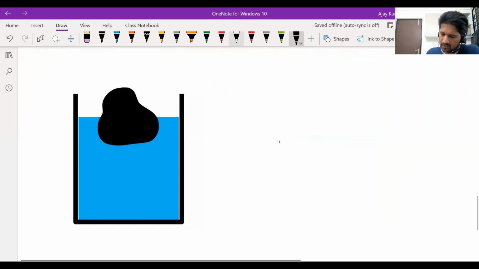Okay. Now, all of you tell me, what are the forces acting on it? What forces act on this object?